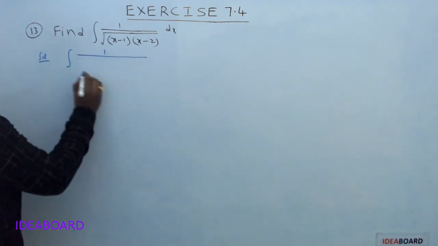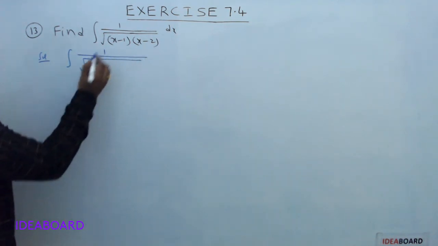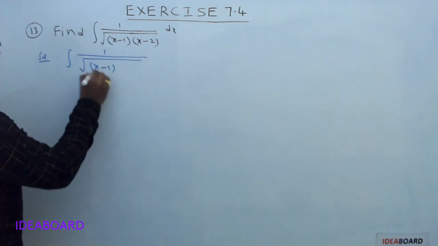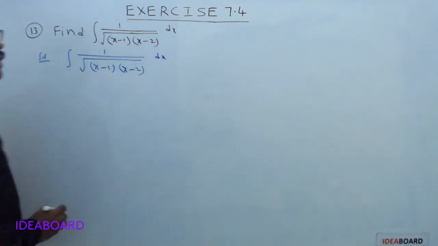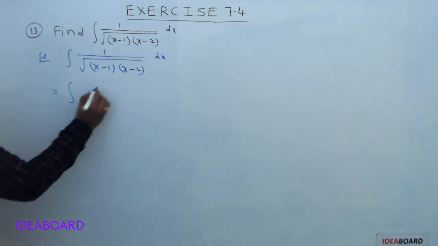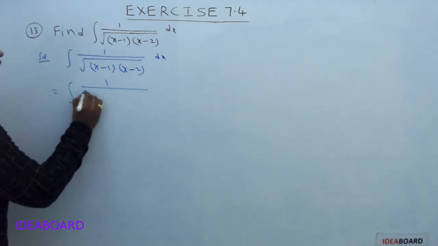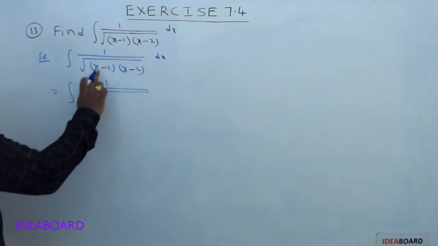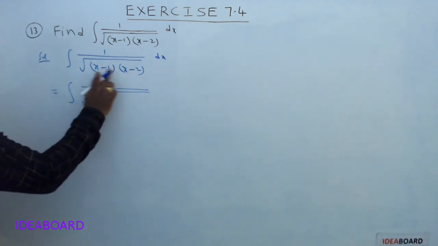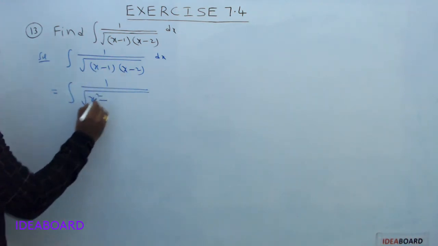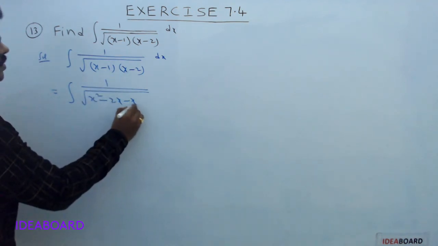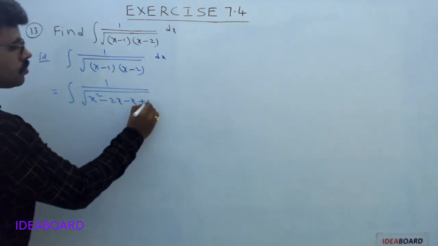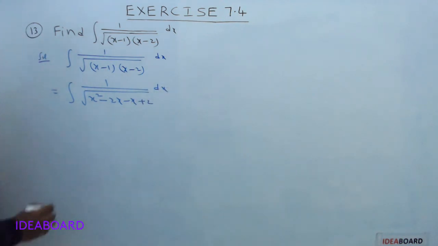Integral 1 divided by square root of (x minus 1) into (x minus 2) dx. Now this is equal to integral 1 divided by square root of, multiply these two factors, x into x, x square, minus 2x, minus x, minus into minus, plus 2 dx.